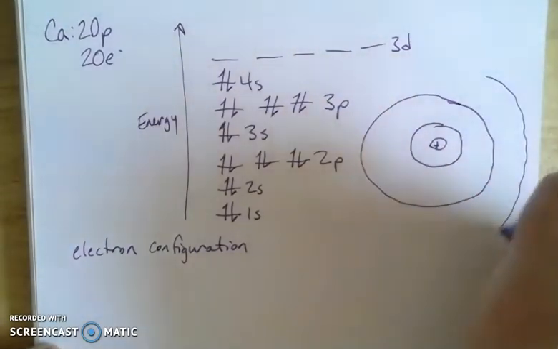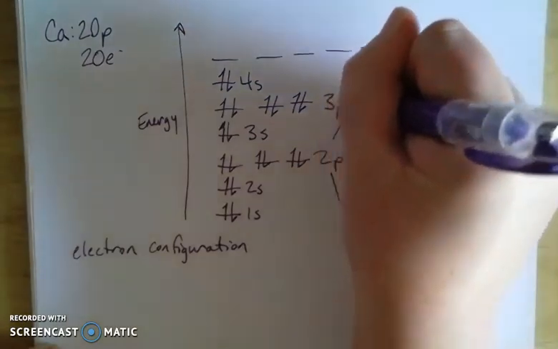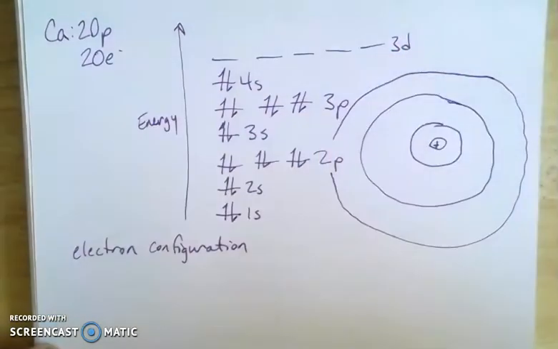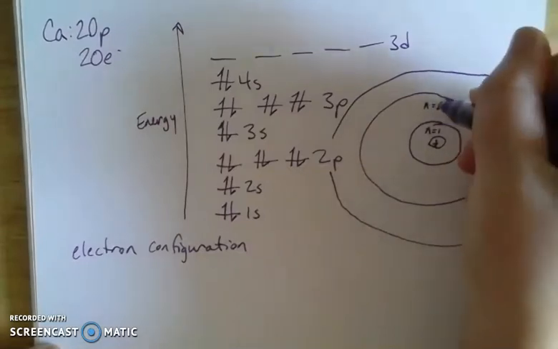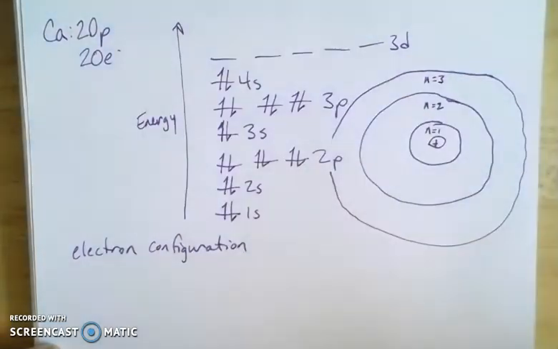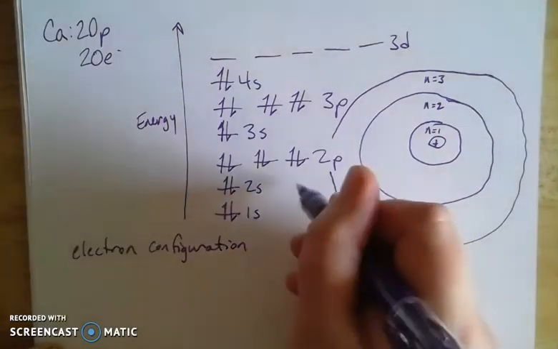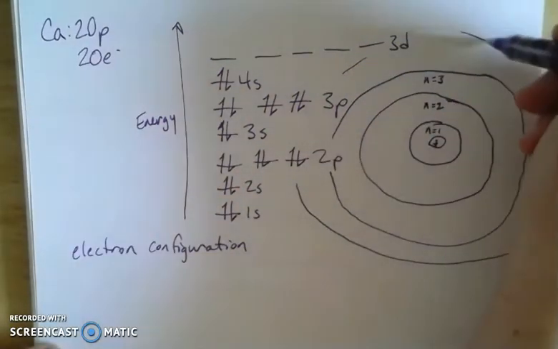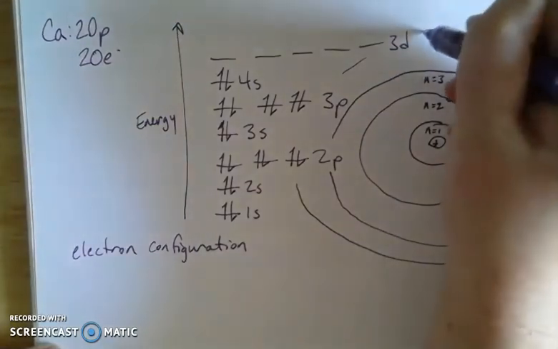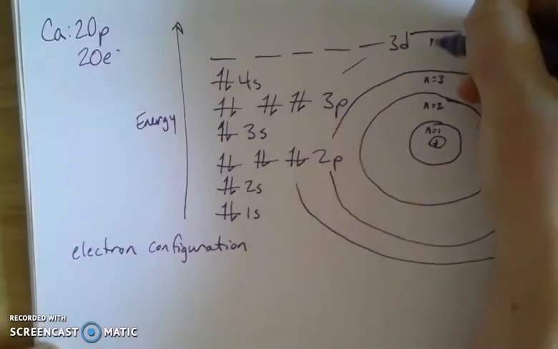Oh man, not a geometry major. Okay, so if this is n equals 1, n equals 2, n equals 3, and I'll need a 4th shell too. So let's make a gigantic one. Let's just do it. I do what I want. Okay, here's n equals 4.